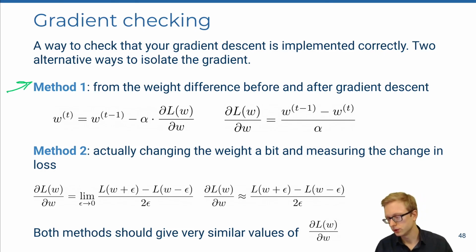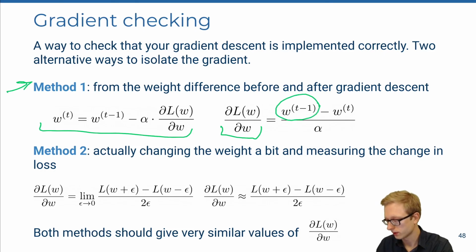We just use the gradient descent formula to find this partial derivative for one particular weight. So we take the weight before you updated it using gradient descent, and after, we take the difference and divide by the learning rate, and by the original update formula, this gives us the partial derivative of the loss with respect to that particular weight.